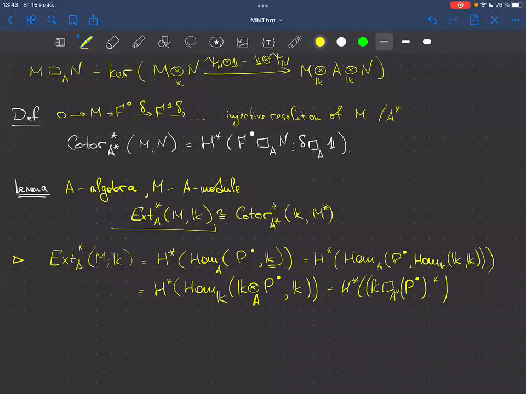Yeah, so K is definitely a module and comodule over A. There is no question here. So now if P is a free resolution of M, then P star is an injective resolution of M star.